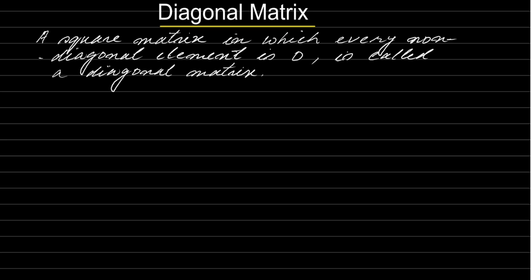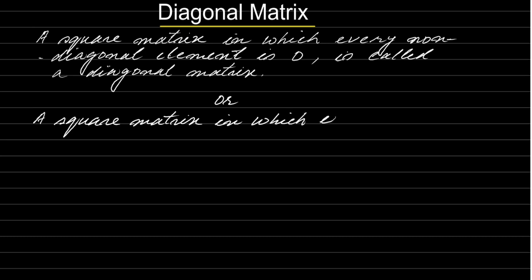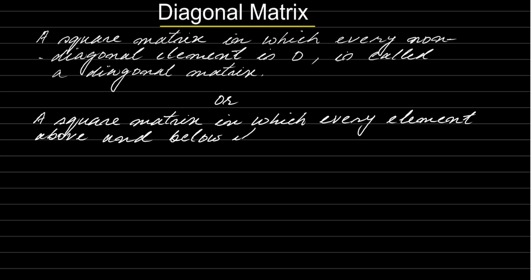So in other words, we may define it as a square matrix in which every element above and below its diagonal is 0 is called a diagonal matrix.